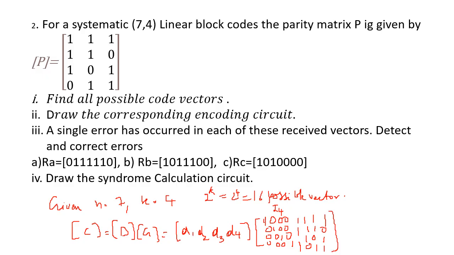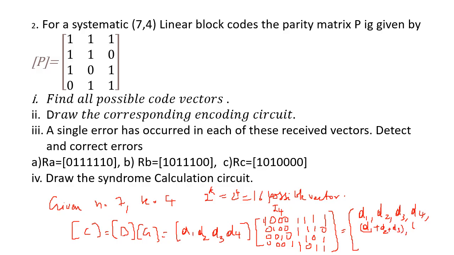After the matrix multiplication, we get the first 4 bits as D1, D2, D3, D4, as they are. Then we get D1 plus D2 plus D3, which will be C5.